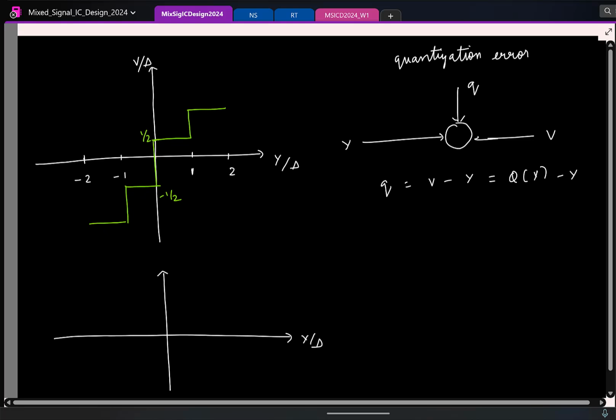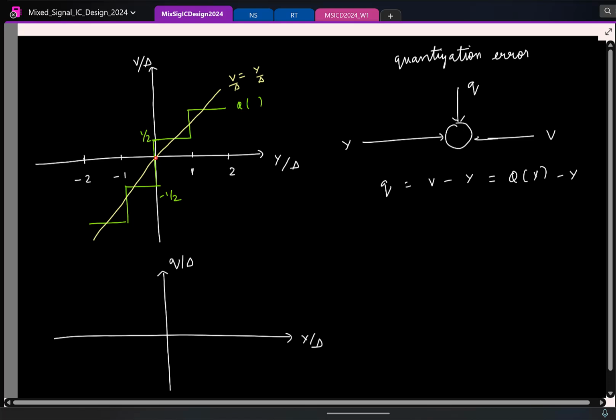It's not looking straight, but something like this. So this is basically v equal to y, or v by delta is y by delta. This is basically the quantized value of the input. So to get the quantization error, I have to take the difference between this step green curve and the yellow curve. So at 0, what happens? Let us say this is also q by delta.